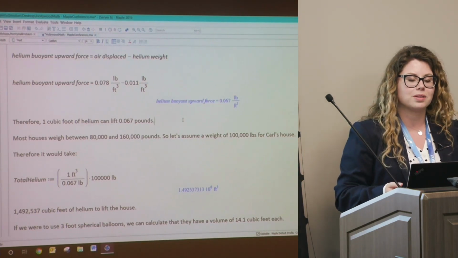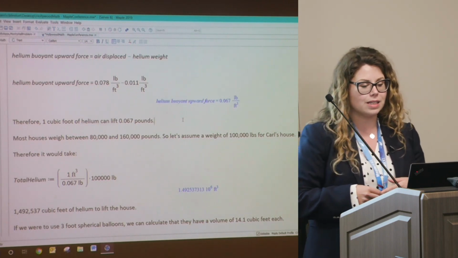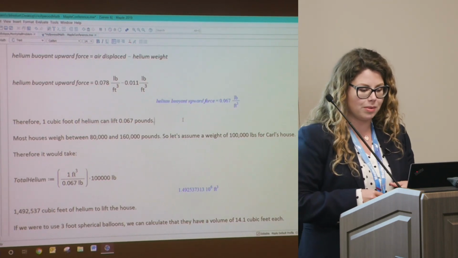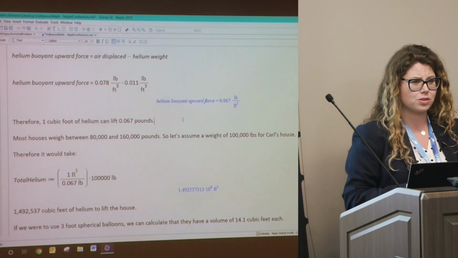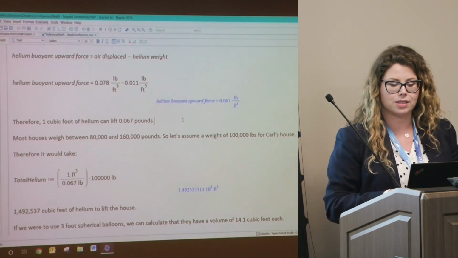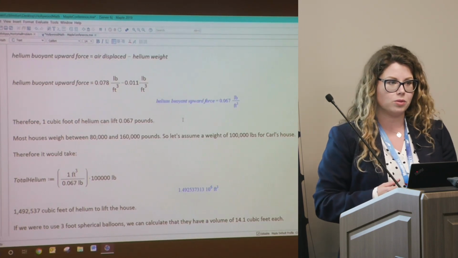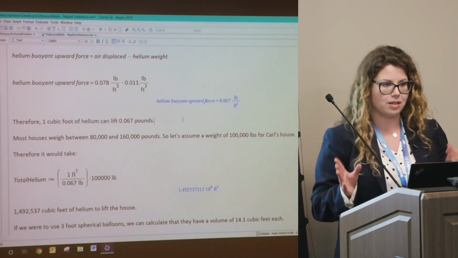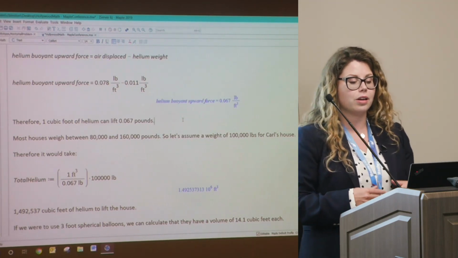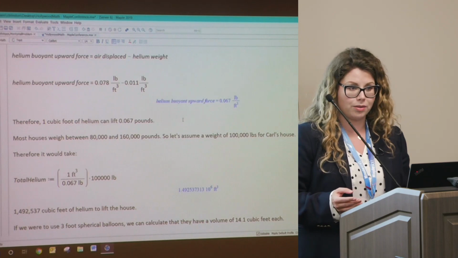They said most houses weigh between 80,000 and 160,000 pounds. And they also assumed, for the purposes of these calculations, based on looking at different images and angles, that Carl's house in the movie weighed 100,000 pounds.